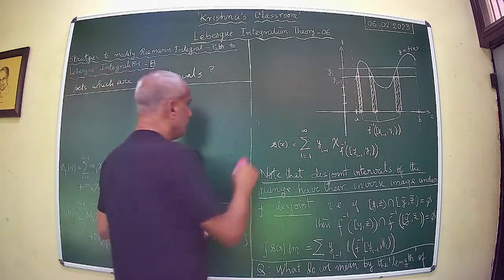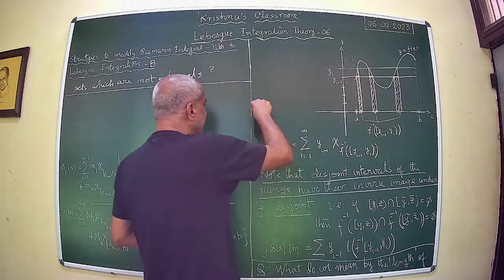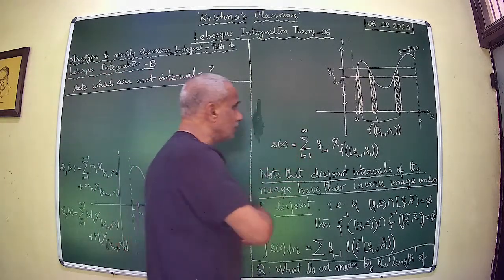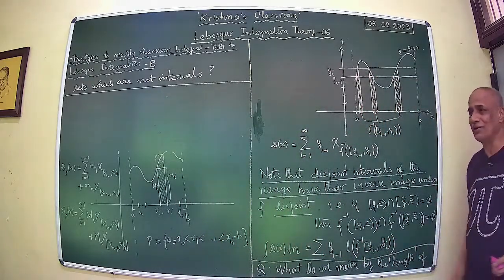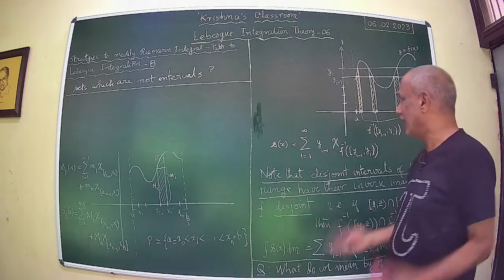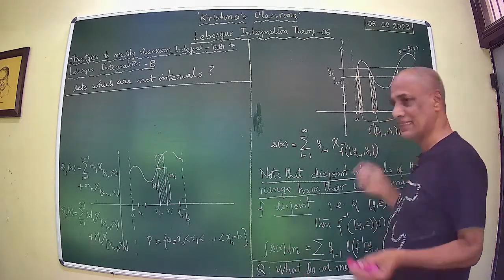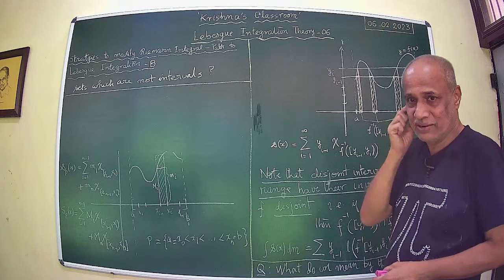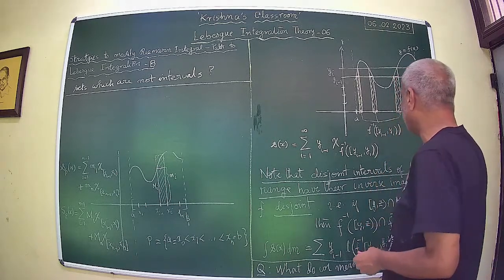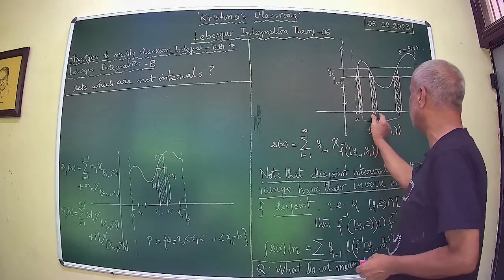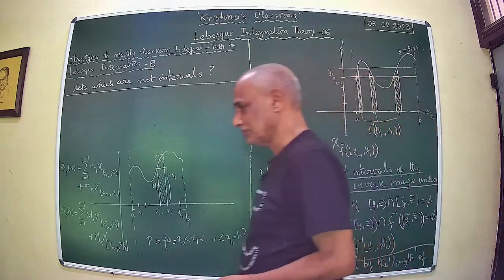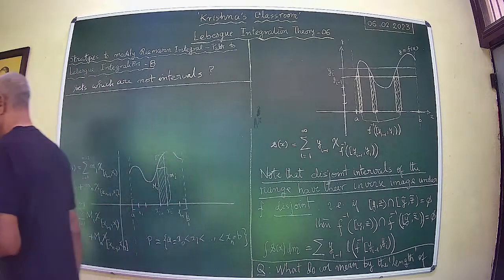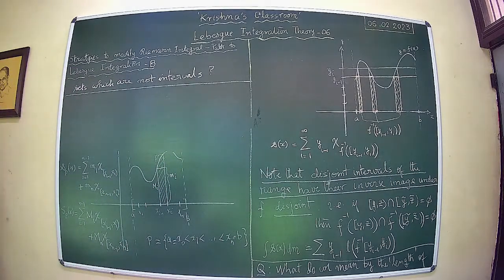And therefore, we have to give some meaning to what we mean by the length of this set. And obviously, what you do is, you define the length as the sum of these three intervals. Okay? So that's a way out.